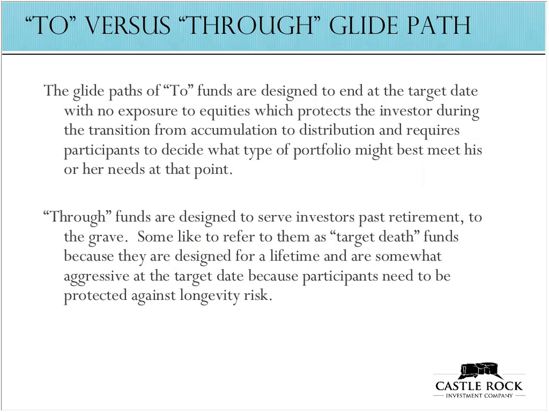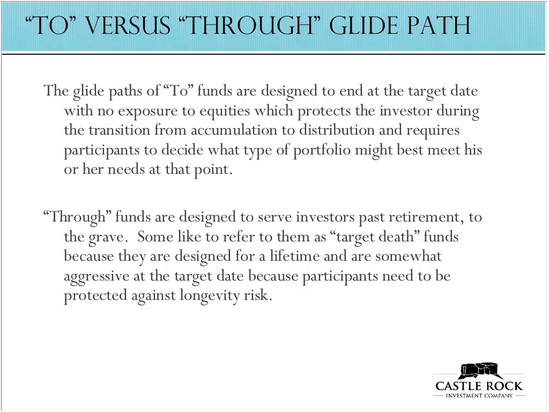Okay, so on the to funds, those are designed to end or basically be in cash at the target date with no exposure to equities, which could be cash and bonds, but also to protect investors at the end when they're transitioning from what we call the accumulation stage, when you're building your balance up, to the distribution phase, or you can call it decumulation, when you're going to start drawing that money out to live on.